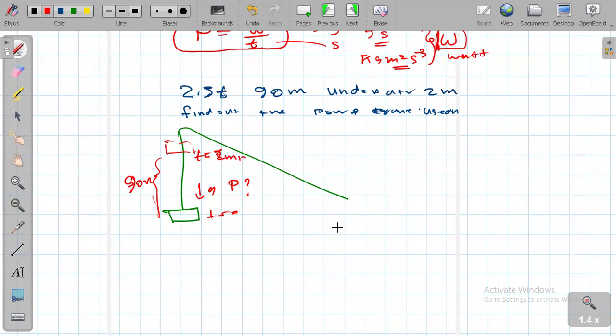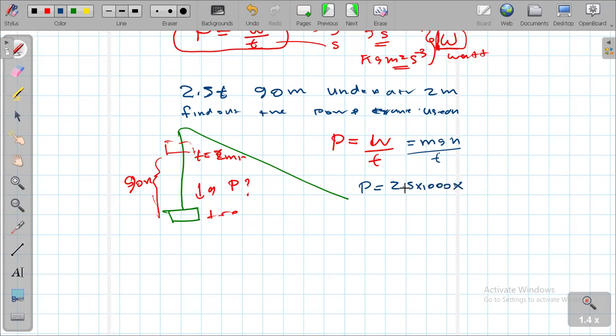Okay, let's work it out. I will do it. We know that power equals work done over time. The work done against gravity is mg times h, over time. Very simple. So the mass is 2.5 tons, so 2.5 into 1000. You have to remember your units and dimensions.